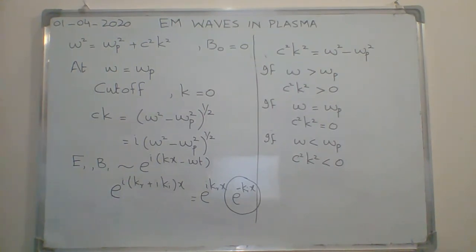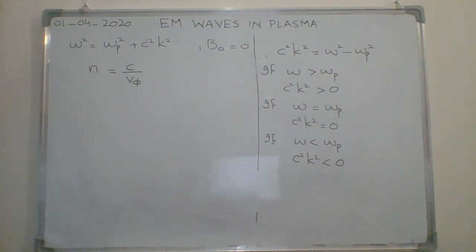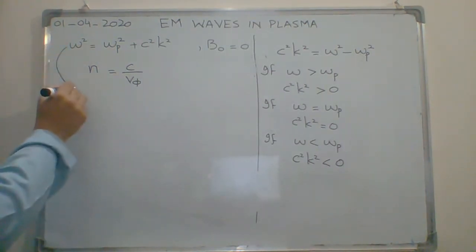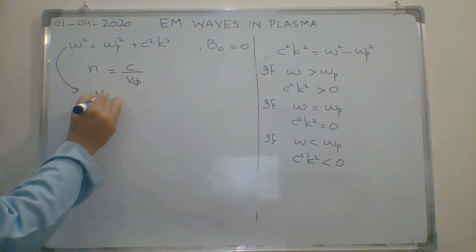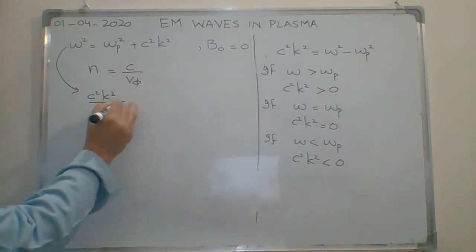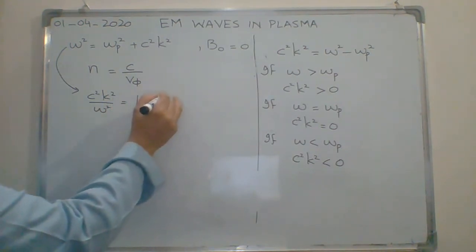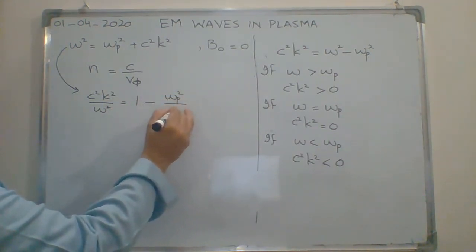Okay, now I'm going to analyze this expression in a different way. Now I'm talking about the refractive index, which is the speed of the electromagnetic wave in vacuum divided by the speed of the electromagnetic wave in that medium. For plasma, as we have already seen using this equation, c square k square by omega square equals 1 minus omega p square by omega square.